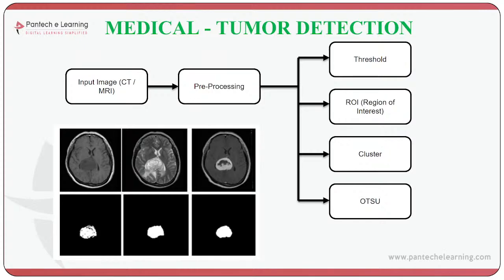Like I told you before, we can use grayscale images, such as CT images and X-ray sheets. Okay, MRI images we are using as well. So we can analyze and cluster the part where a disease is diagnosed. Here we use threshold, region of interest and clustering methods, so we can identify the disease very easily.